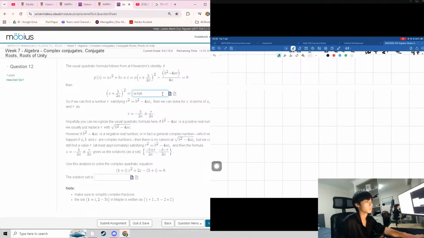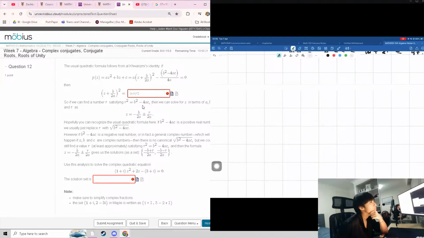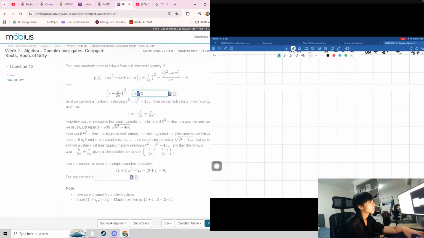Fuck me, bro. X. What do you want me to? S Z minus S Z. I don't even know anymore. So we can find a number R satisfying that. Then we can solve Z in terms of A and R as Z is equal to, this is Z minus Z. No, fuck.